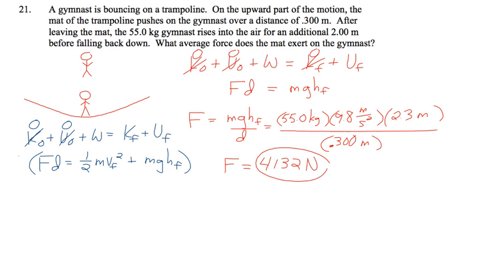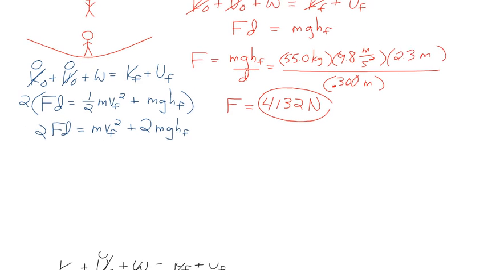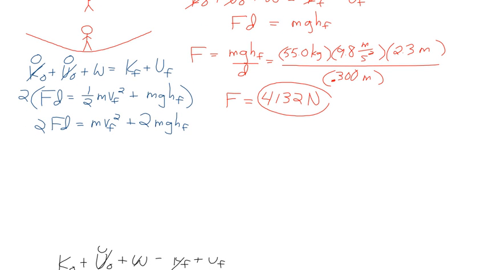So I'm going to multiply the thing by 2. I'm going to get 2FD equals mVF squared plus 2mg times the final height. Since my unknown is VF, I'm going to take this. Well, this is already on the side. So I'm going to take this and move it over, divide by m, and take the square root.